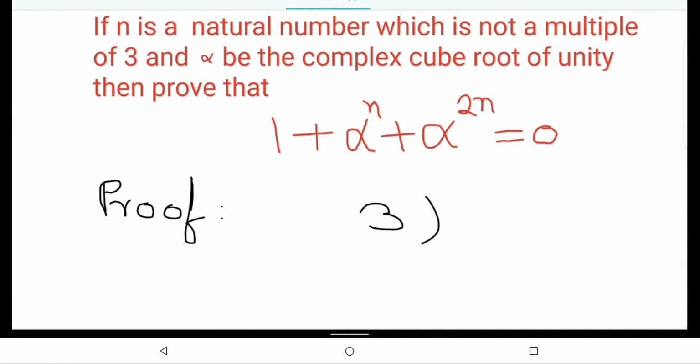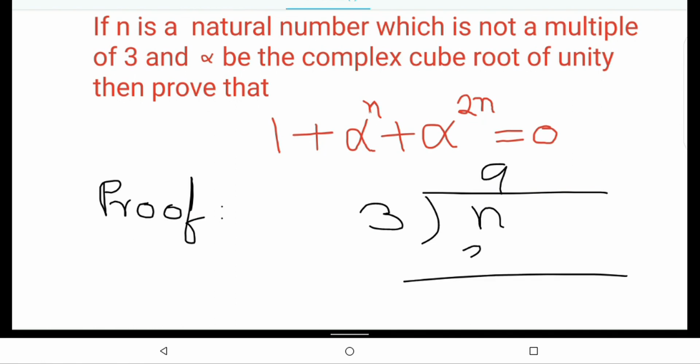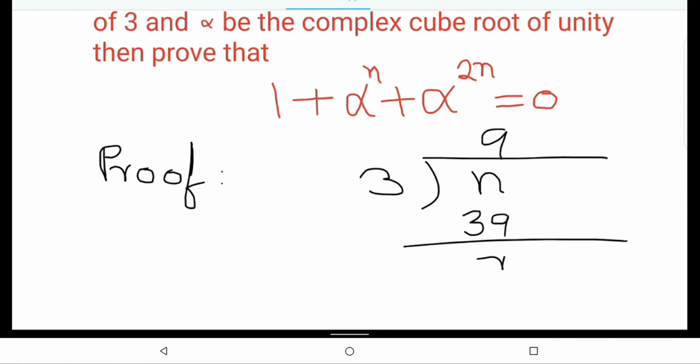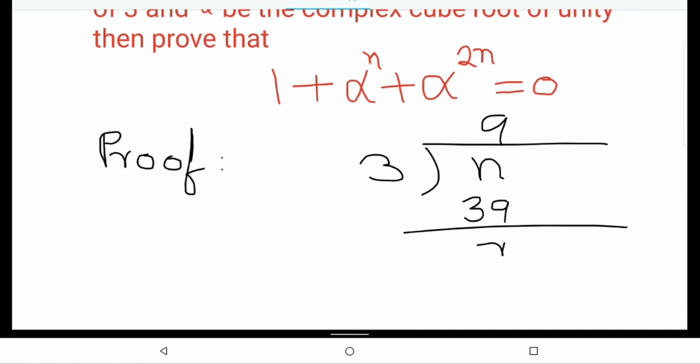We suppose we get the quotient q, and when we divide n by 3, obviously you will get some remainder r. Then by division algorithm, we have dividend equal to divisor, which is 3, into quotient q, plus remainder.